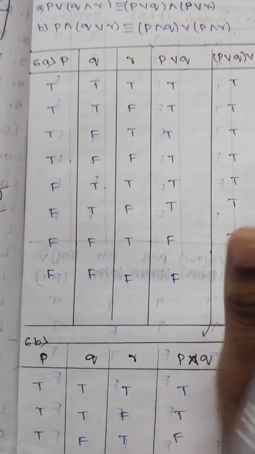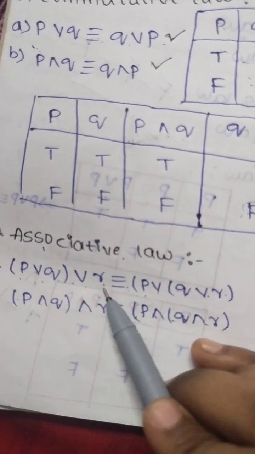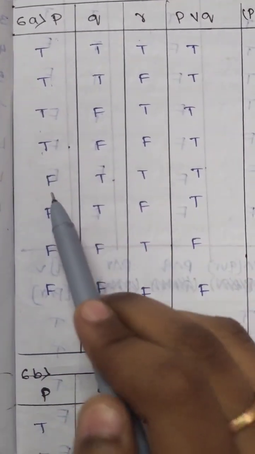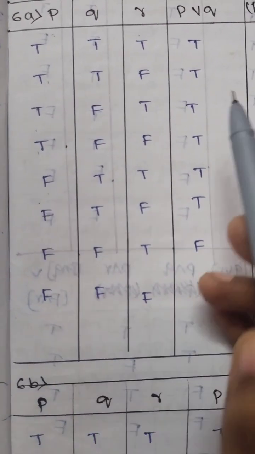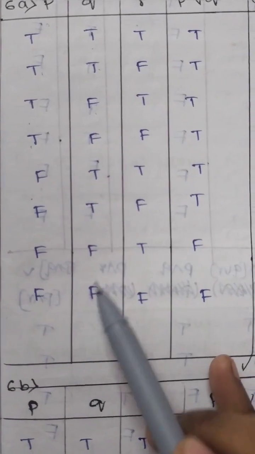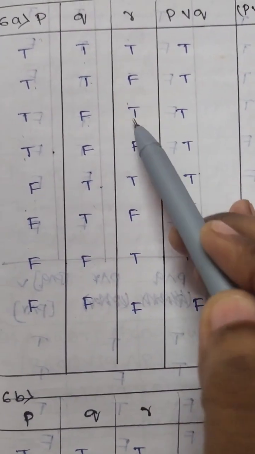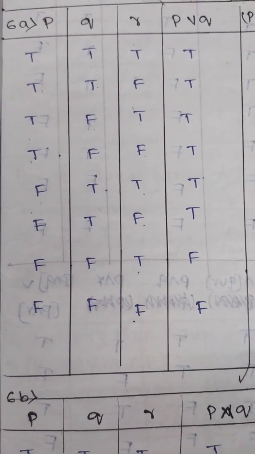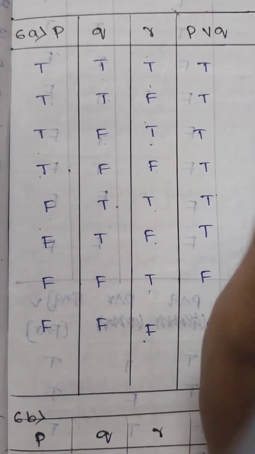So in the question they are giving P, Q, R. So we are taking first P, Q, R. In P, first four true, second four false. In Q, true, false, true, false. In R, true, false, false. Okay, means either that or this.